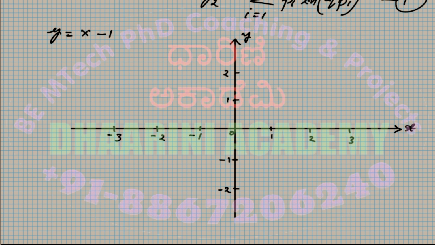Now, when I want to find the y-intercept, put x equal to 0. So y is minus 1. That means the straight line is going to pass through this point. Similarly, put y equal to 0, you get the x-intercept, so x equal to plus 1. So this is the line which we are talking about.